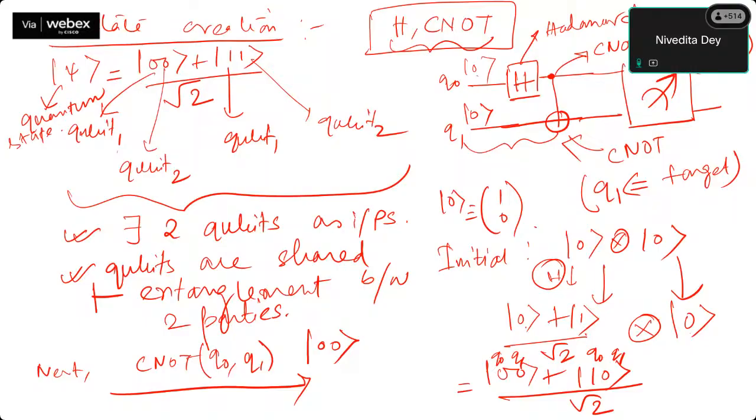So if control is 0, we shouldn't do anything to the target. Plus, if control is 1, in a CNOT, we just need to flip the target qubit. Flipping means if it is 0, it will be 1, and if it is 1, it will be 0. So this 0 will now become 1.